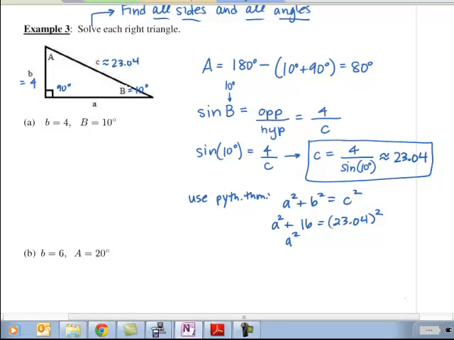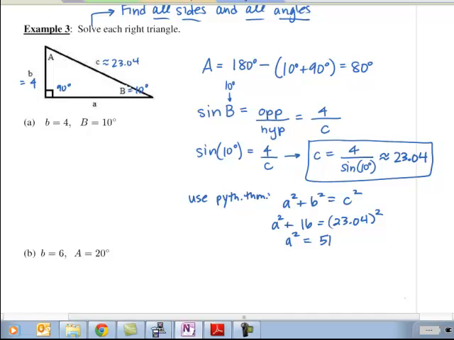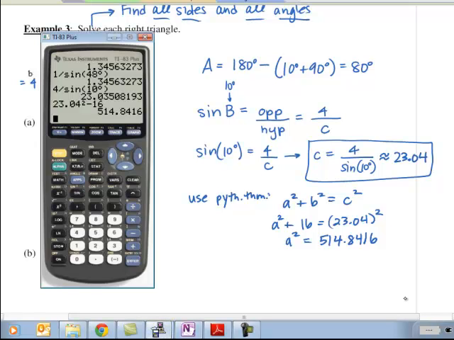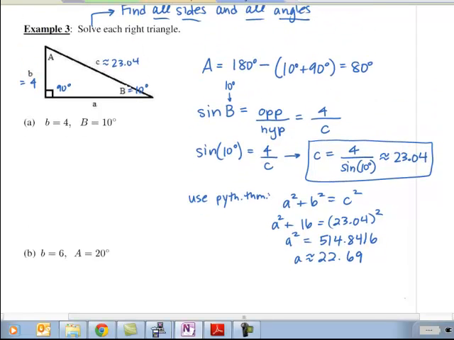So a squared, grab your calculator again, 23.04 squared minus 16, 514.8416, and then we'd want to do the square root of that. And we'd get 22.69 for A.